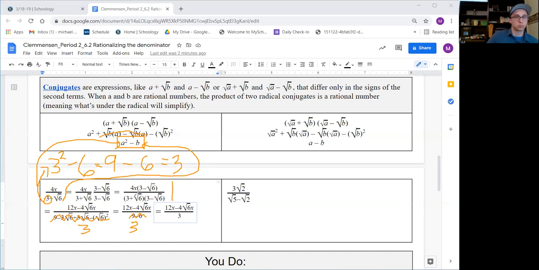All right, as long as you're multiplying the same numbers with a plus and a minus sign in between. Any numbers possible. They'll always follow this formula right here, A squared minus B.